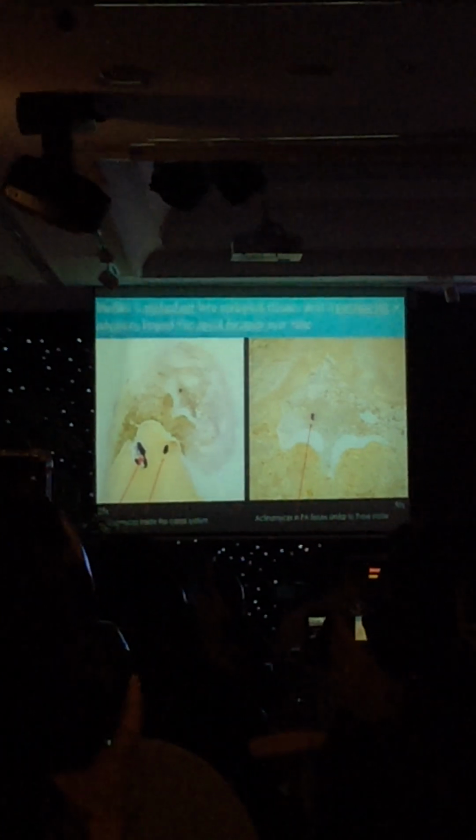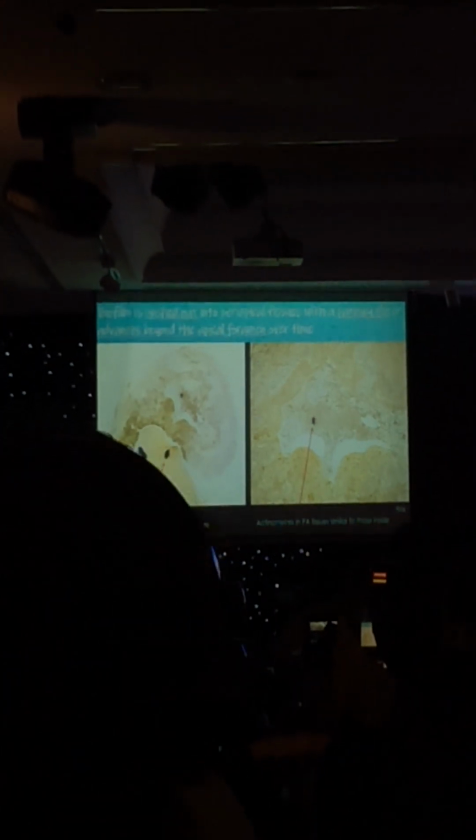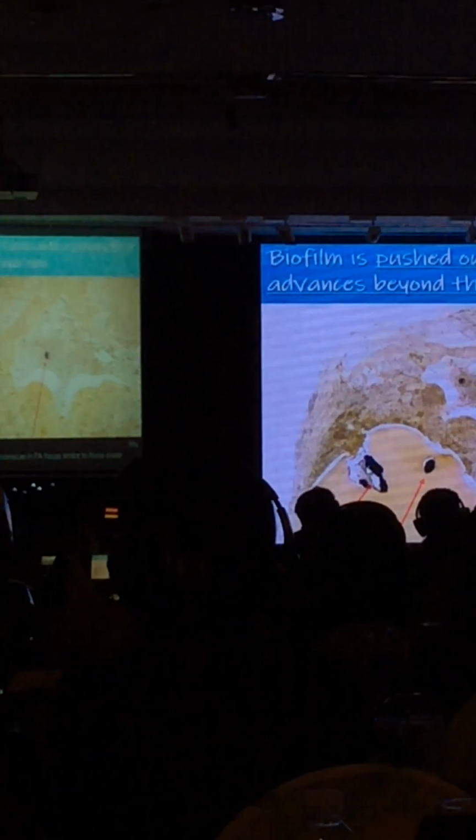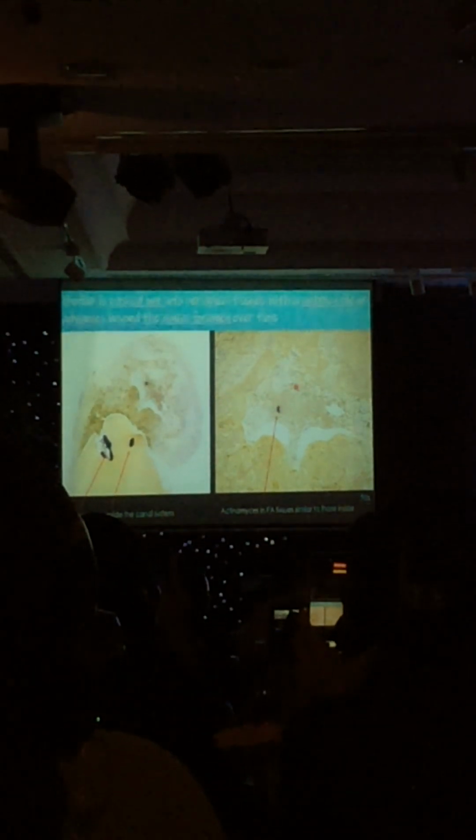He found actinomyces inside the root canal. And somebody pushed actinomyces into the periapical tissue. And he found the same species here, actinomyces in the periapical tissues. This is the same one as the bacteria inside the root canal.